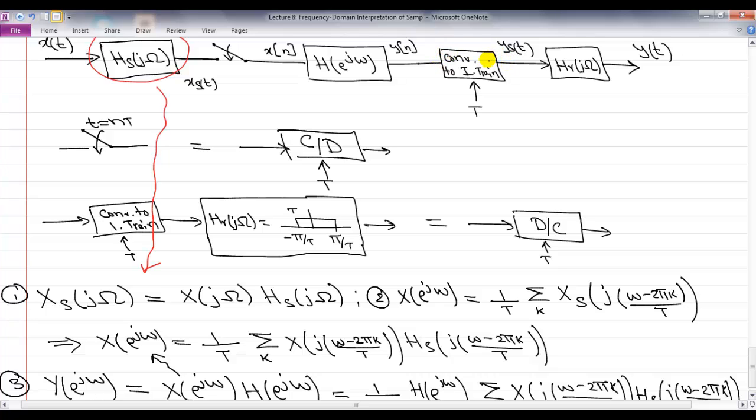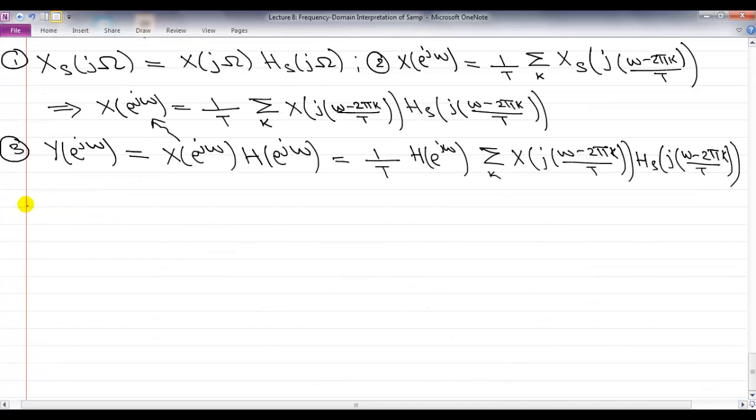This conversion into the impulse train is just a scaling of the frequency axis by a factor of 1 over t. So the fourth block is asking for the relationship between the output, which is ys of j omega, and the input, which is y of n.